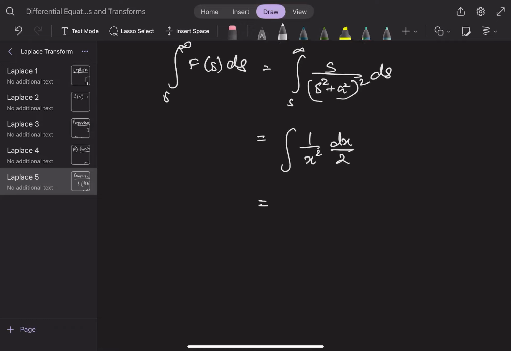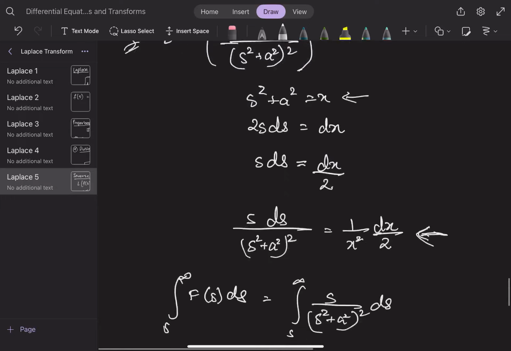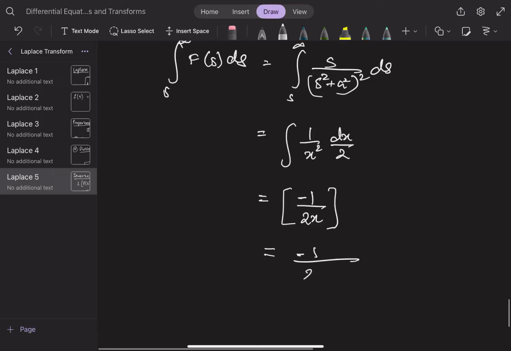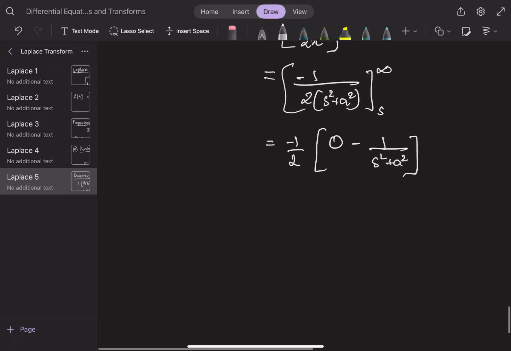So this will become minus 1 by 2x. Now let's replace x with s square plus a square. So you have minus 1 by 2(s square plus a square), and your limits are s to infinity. So I'm going to take minus 1 by 2 outside. When you put the limit as infinity, you'll get 0, minus 1 by (s square plus a square). So you're gonna get 1 by 2(s square plus a square).